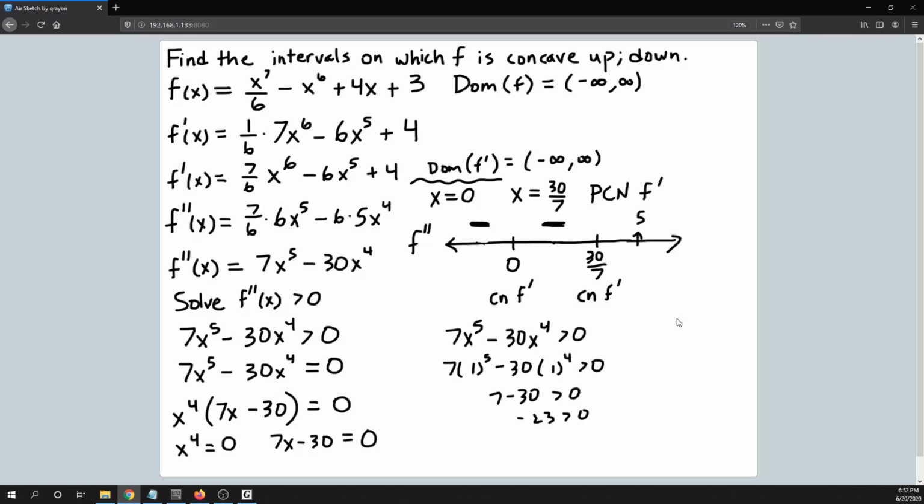All right, the last one is this 5. We need to plug that into the inequality. When I do that, rather than try to do these larger numbers in my head, I am going to use this factored format over here.